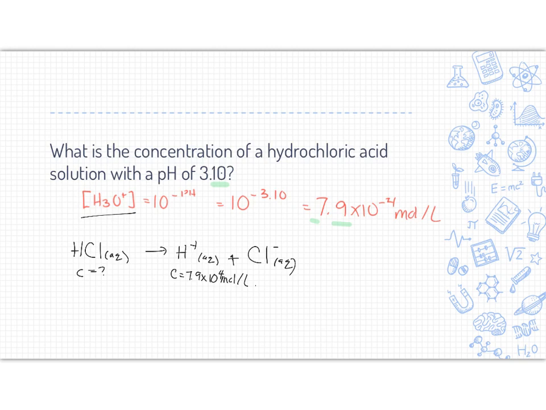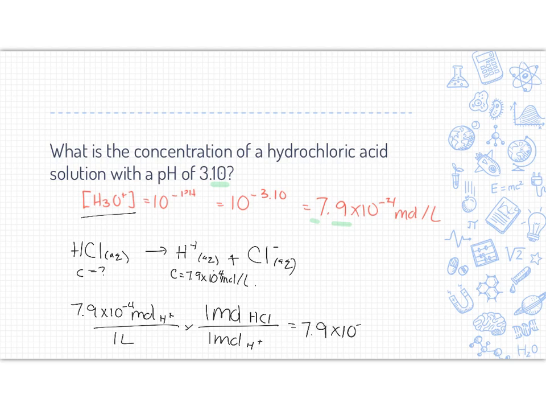This is just our concentration of ions. So 7.9 times 10 to the negative 4, oops, forgot my negative there, moles of H plus per 1 liter. There's 1 mole of H plus per 1 mole of HCl. Therefore, our concentrations are equal. 7.9 times 10 to the negative 4 moles per liter is the concentration of HCl.